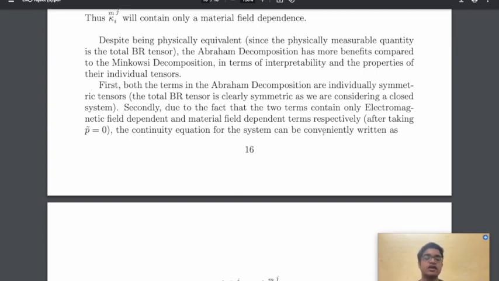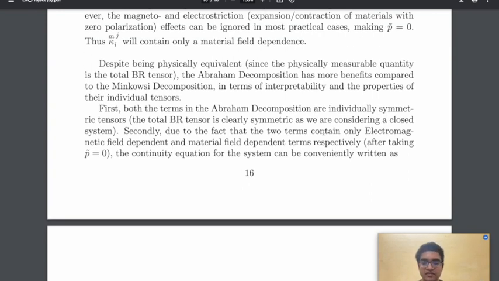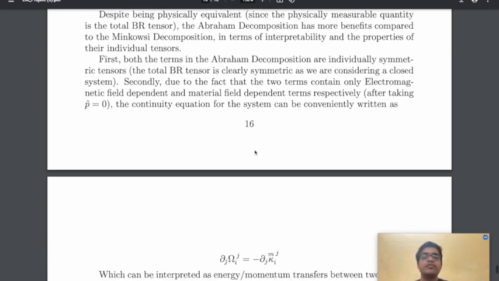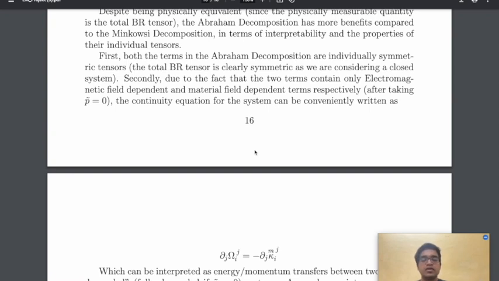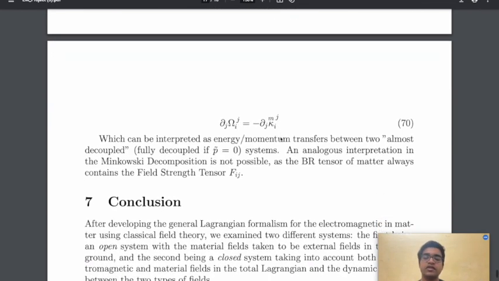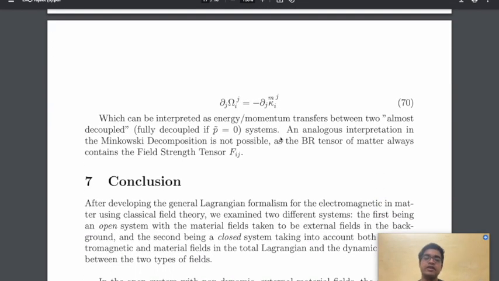First, both of those terms, omega and kappa, are symmetric tensors, and more importantly, one term contains only the electromagnetic field dependent quantities, and the other term only contains the material field dependent quantities. So you can write the continuity equation from these two terms, which are easily interpreted as the exchange of energy between these two systems, this system or set of fields.